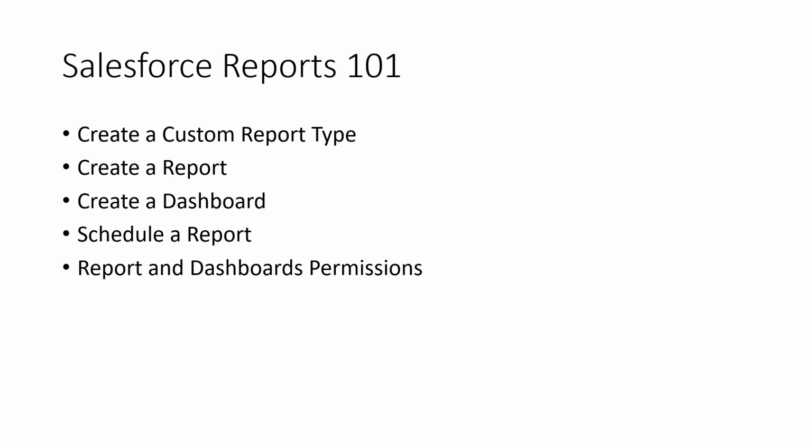Then we're gonna create a report on Salesforce Classic and on Lightning. After that, we're gonna create a dashboard, and we're also gonna schedule a report on Classic. Finally, we're gonna see how to segregate our reports and dashboards based on permissions. So we assign permissions to the reports and dashboards so the people we choose can see the reports.